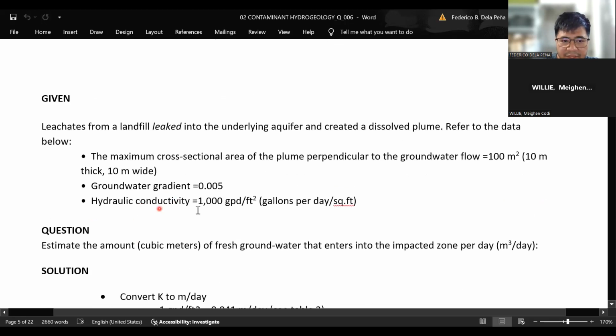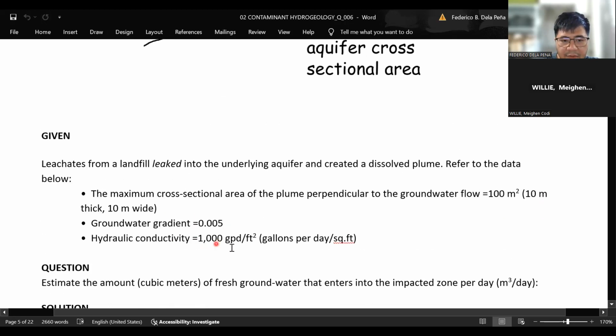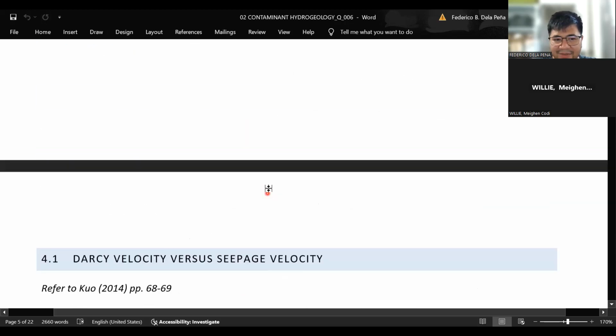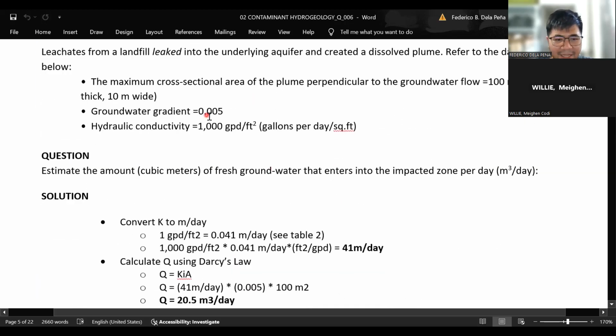And your hydraulic conductivity is 1,000 gallons per day per square feet. This is a valid hydraulic conductivity unit, but we're just using American units because that's what's given in the textbook.